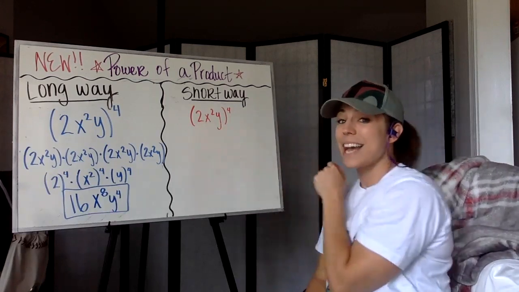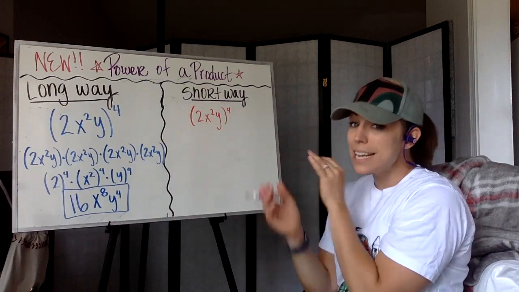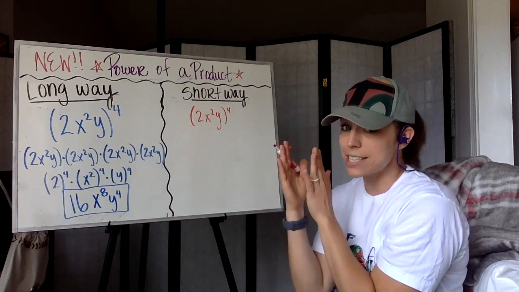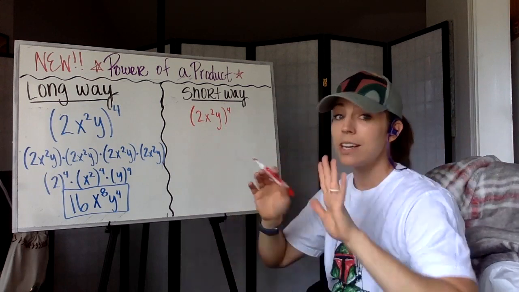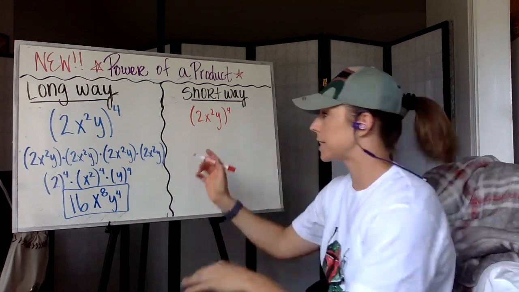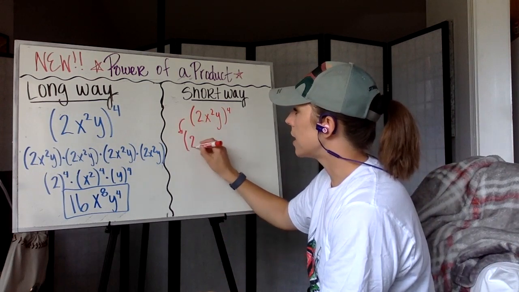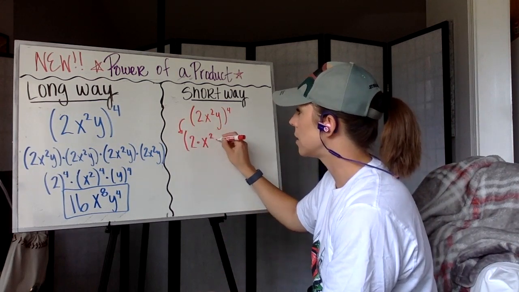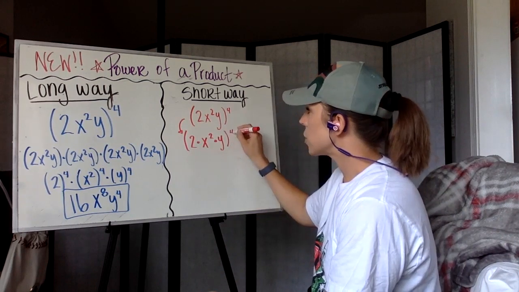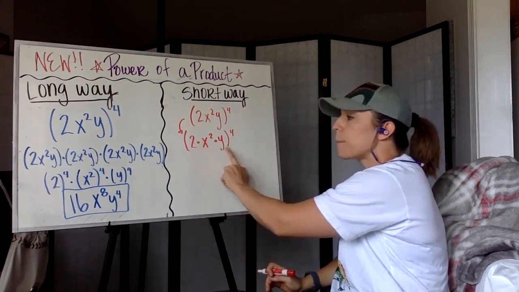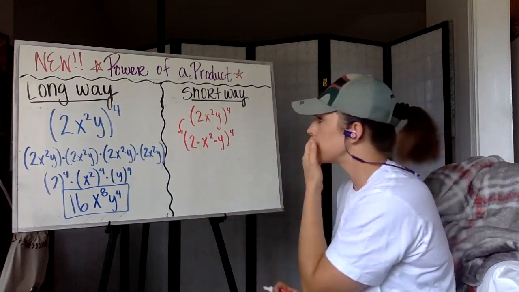That 2 is not connected to that x squared. It is by multiplication, but it's not affected by that power. So even in the short way, the first thing I would do is space these out a little bit. Make sure that you see the 3 separate factors of this product.